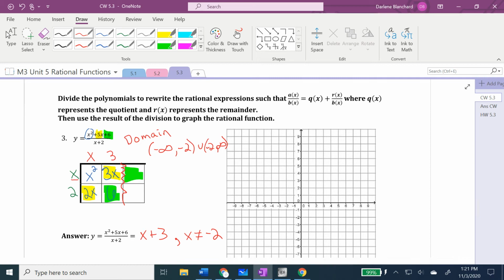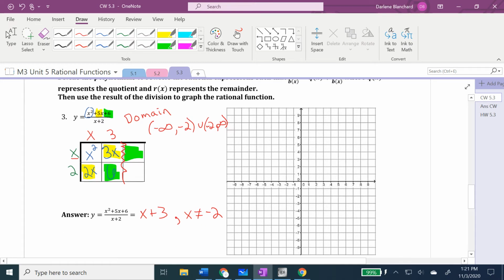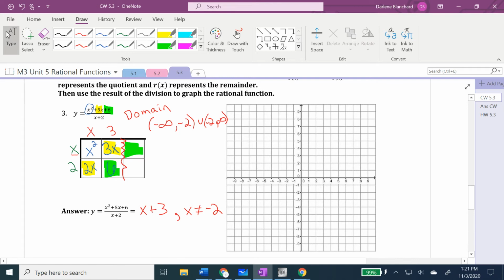And I just want you to see this, but I'm not going to be pushing you to graph this without guidance. How did you find out that -2 didn't work? That's going back to the original equation and looking at its domain.